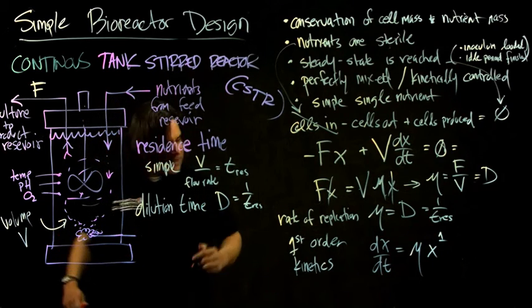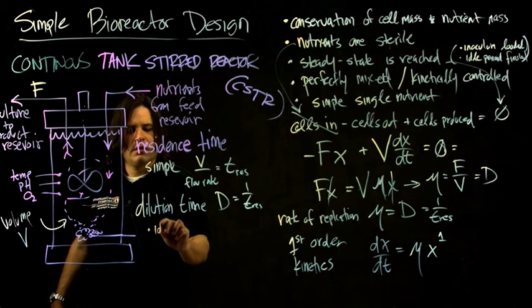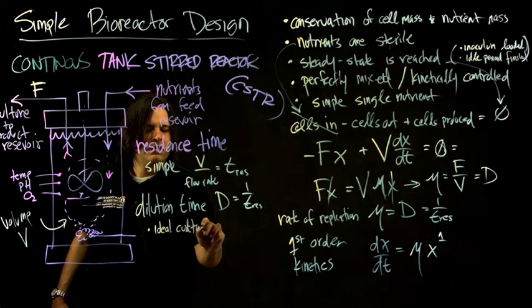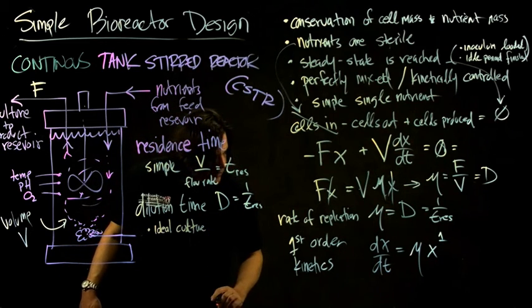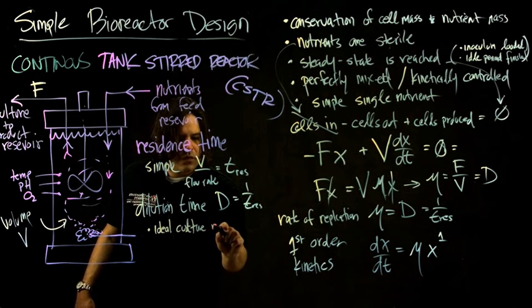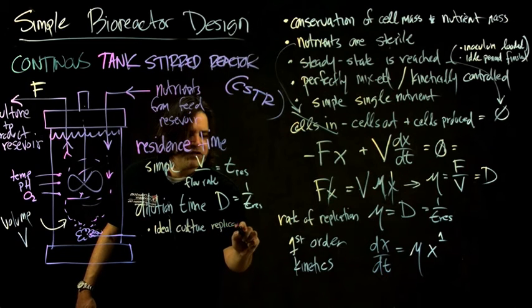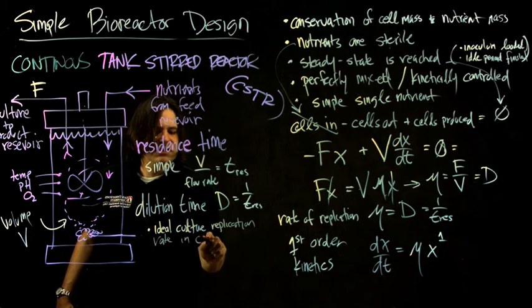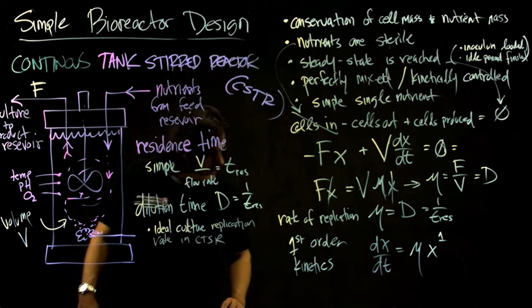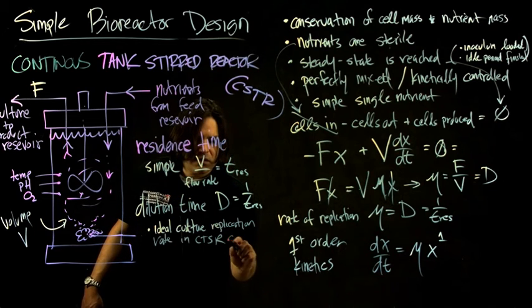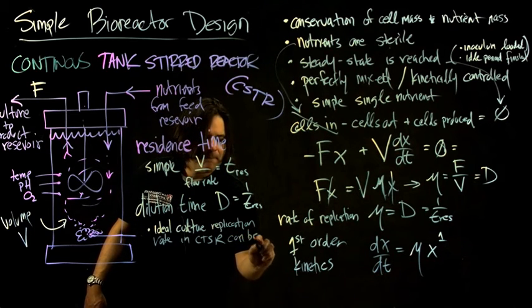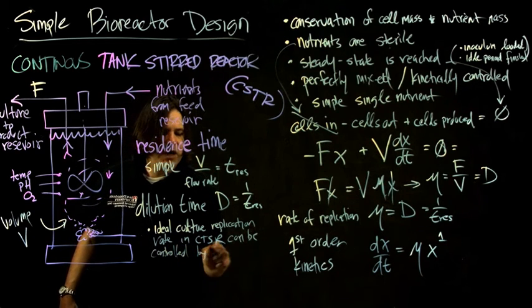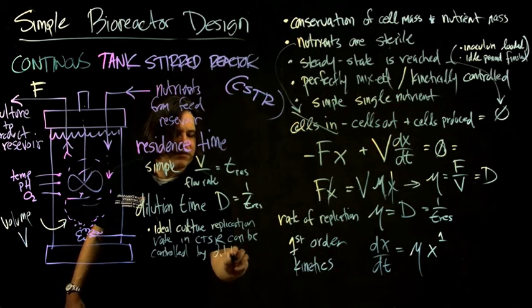What that's saying is that the ideal culture replication rate in a CTSR can be controlled by the dilution rate, by the residence time.